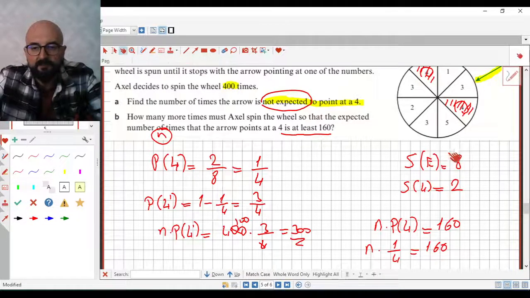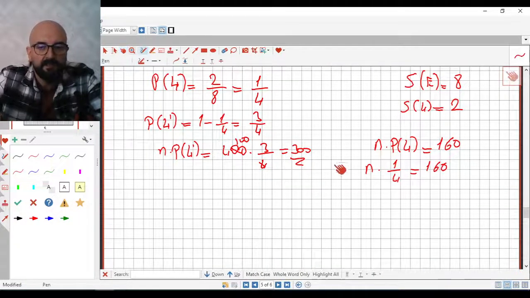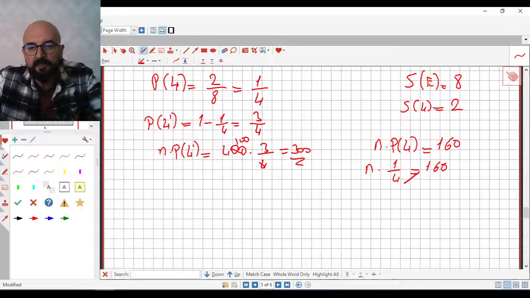We multiply both sides by 4, so n equals 4 multiplied by 160, which is 640 times.